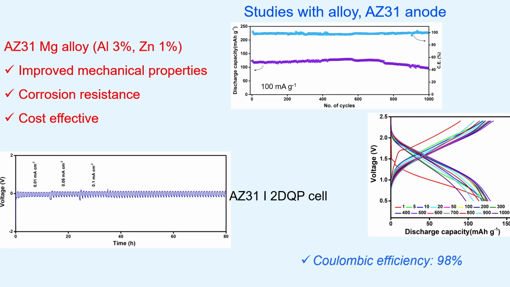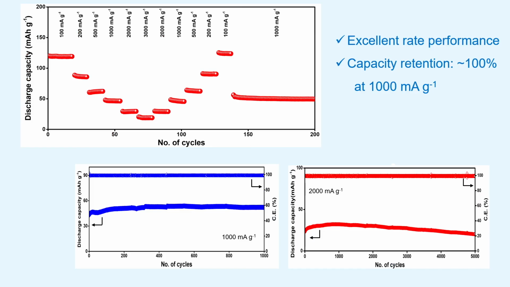And typically people don't work with magnesium, they work with magnesium alloy. This is all aerospace alloys, which has certain aluminum and certain zinc, easily malleable, and one can process it nicely as opposed to just magnesium. So you do see a fairly good Coulombic efficiency of 98%. So the charge that you put in, the charge that you take out, it's not that bad. I mean, 98% is fairly good in some sense.